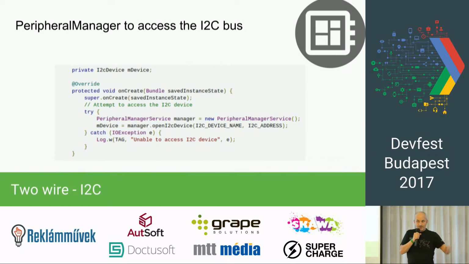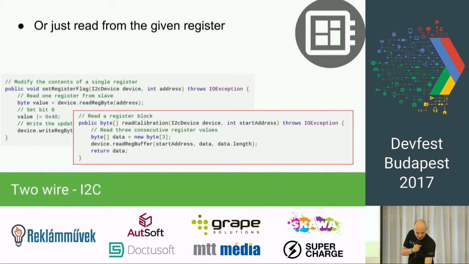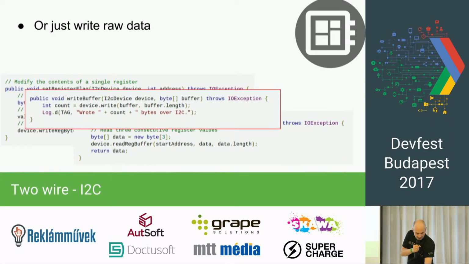And you can open multiple devices over the same bus, and you can communicate with them. You can read the register, then write to it, or just read a register, or just send raw data to the device.